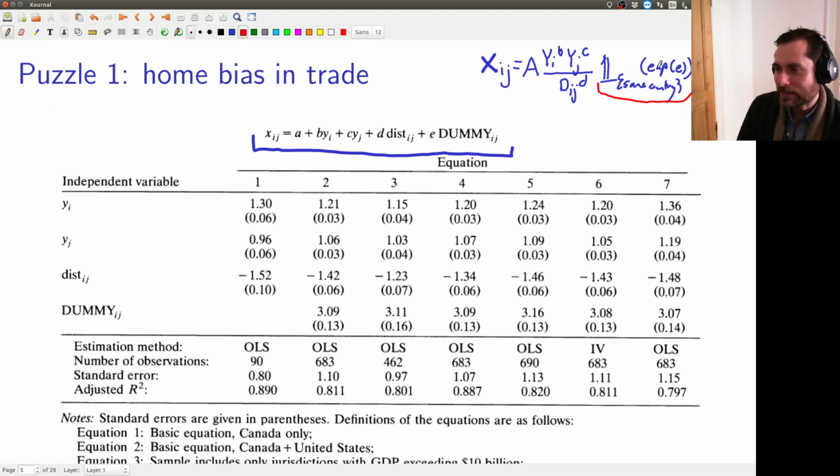Well, if we plug that back into this equation here, then you see that we actually have to take the exponential of e. So the actual number we get here is about e to the power 3, which is approximately equal to 20. So that says that if I and J, all else equal, are in the same country, then their trade will be 20 times higher than if I and J were in different countries.